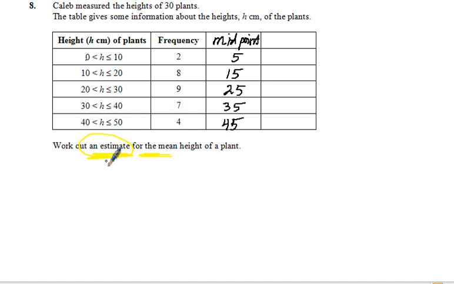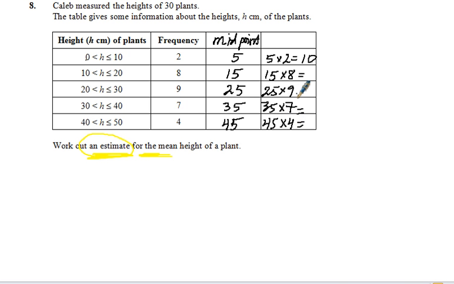So to find the mean, we add in 5 2 times, which is 5 times 2, which is 10, right? We're adding 15 centimeters 8 times, which is the same as 15 times 8. 25 centimeters has to be added 9 times. 35 centimeters has to be added 7 times, and 45 centimeters will be added 4 times, right?